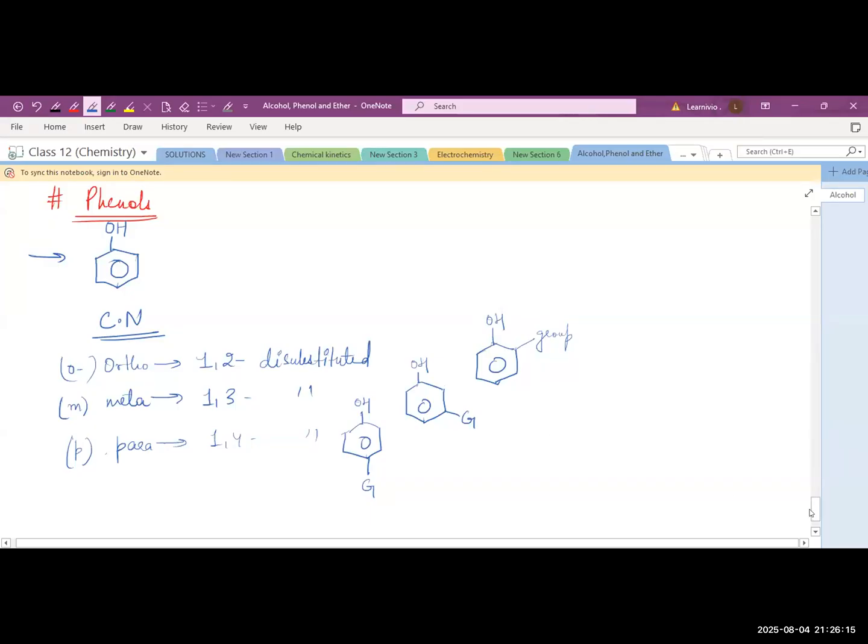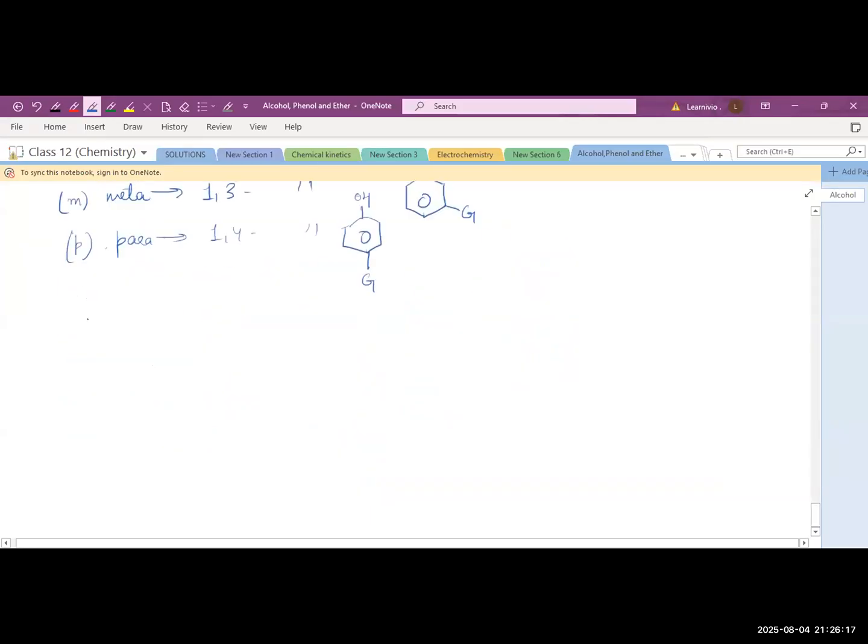Now let's take some examples. Suppose this is your phenol. Suppose this is a CH3 group and here I attach OH.